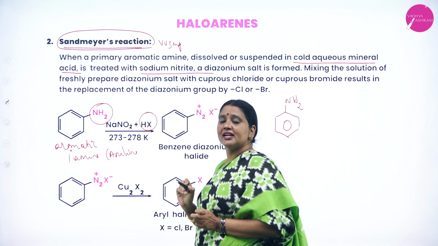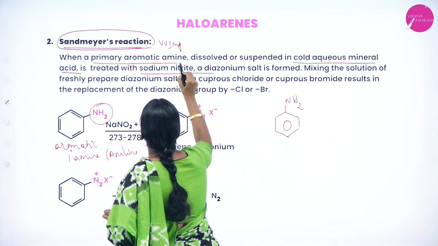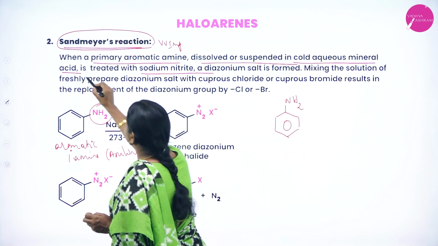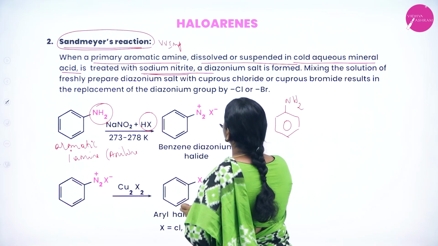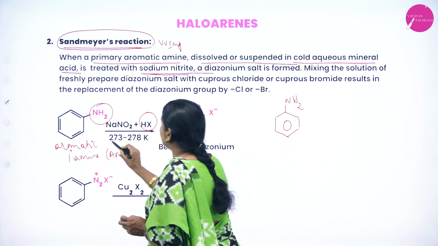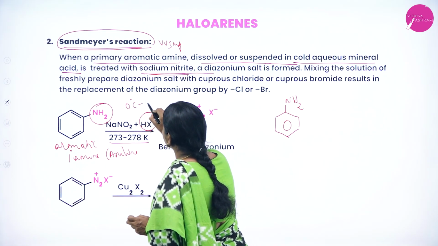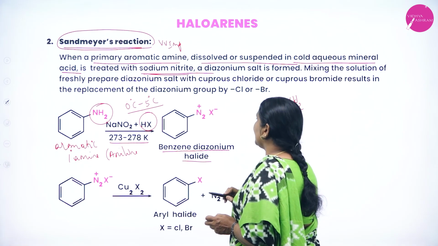that is HX. HX is either HCl or HBr. So, when an aromatic primary amine dissolved or suspended in cold aqueous mineral acid is treated with sodium nitrite, a diazonium salt is formed. What's the temperature required here? 273 to 278 Kelvin, or 0 degree centigrade to 5 degree centigrade. We get benzene diazonium halide.